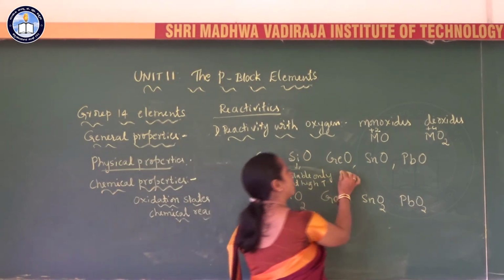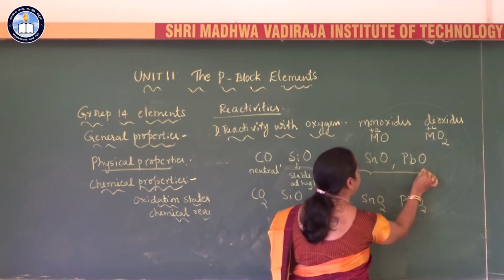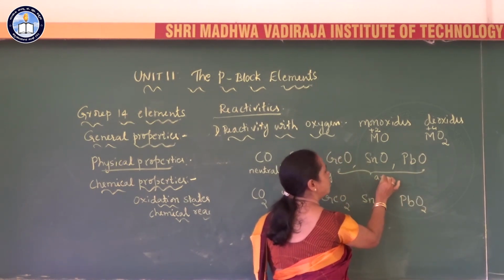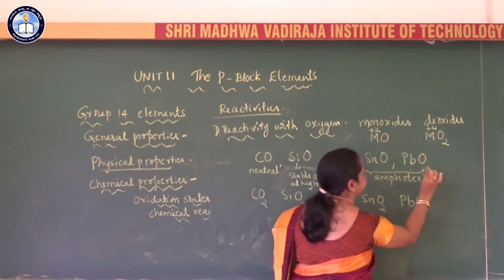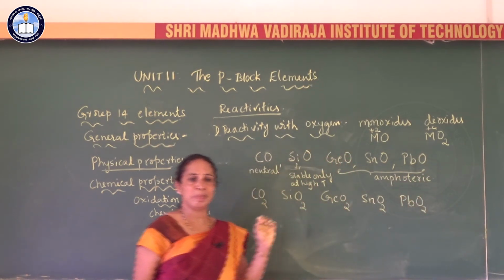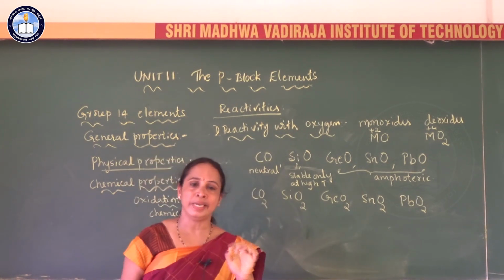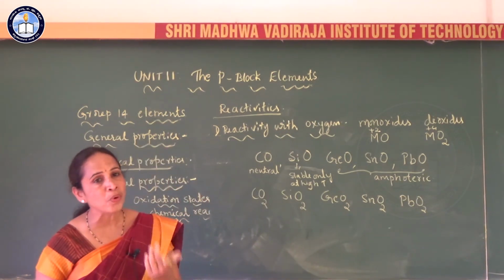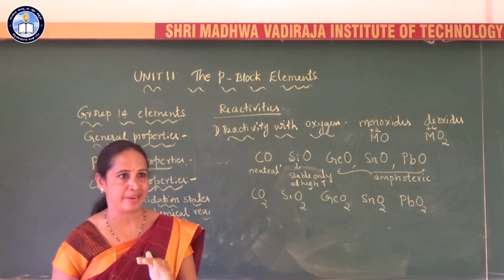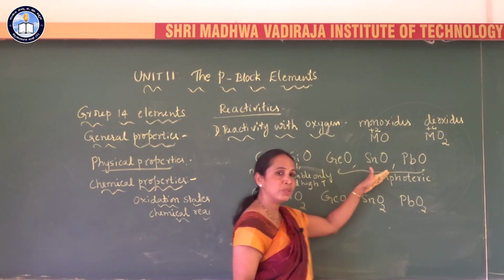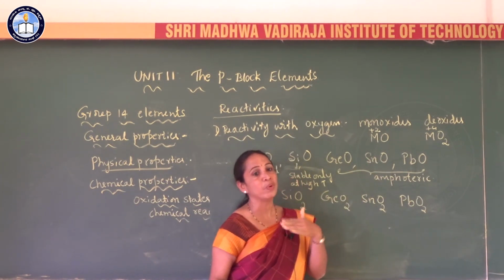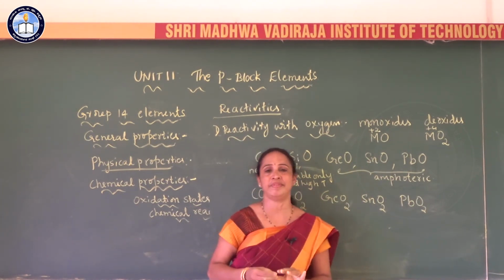The remaining oxides GeO and SnO, PbO are found to be amphoteric in nature. You know what amphoteric means, children: it has the properties of both acid as well as base. Compounds having properties of both acid as well as base, we call them amphoteric substances.